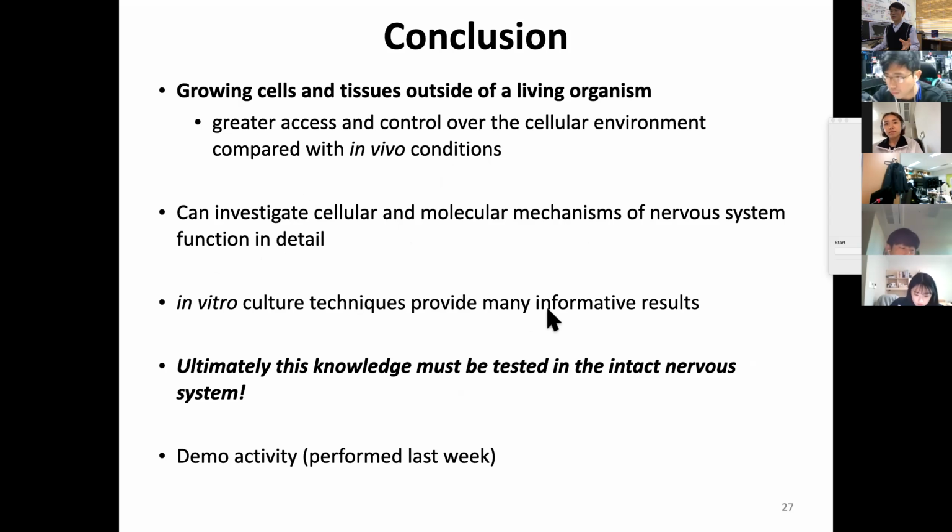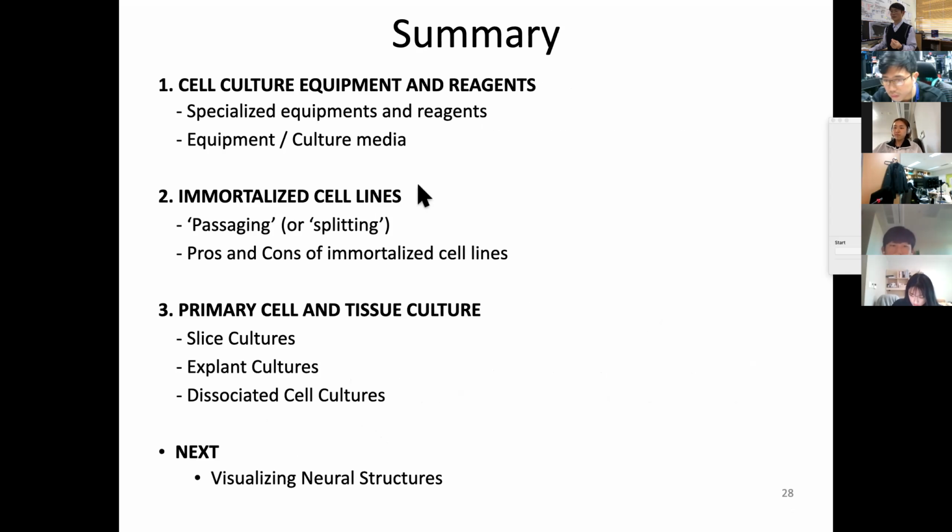This provides many informative results, while you have to be careful in interpretation, or confirm that similar things happen in vivo when you are drawing a bigger conclusion, okay? So ultimately, this knowledge must be tested in the intact nervous system. And you did the demo last week.